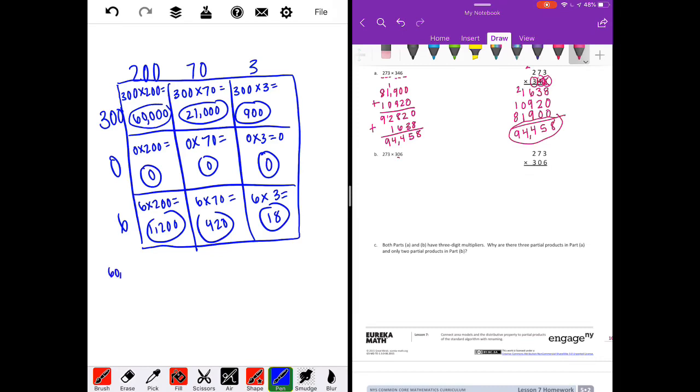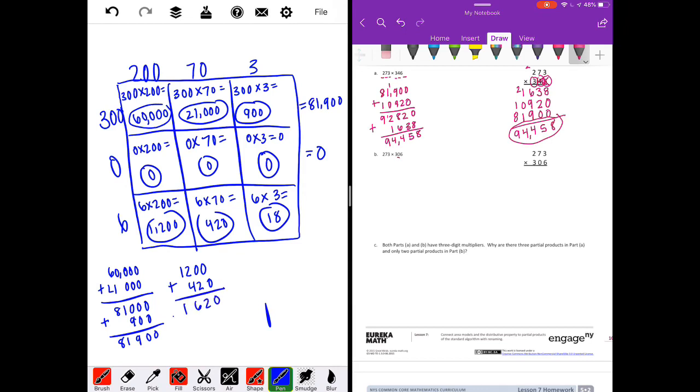60,000 plus 21,000 is 81,000 plus 900. So this is equal to 81,900. This next row will be equal to 0. And the last row is 1,638.